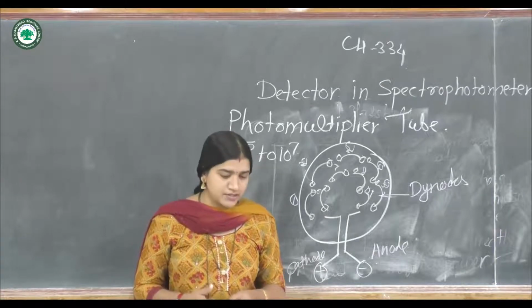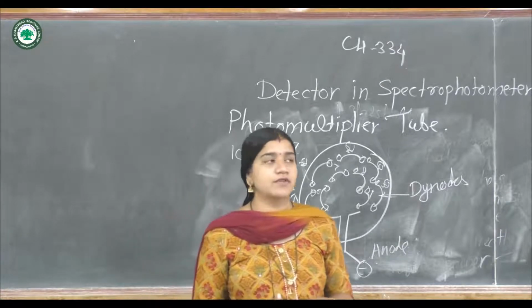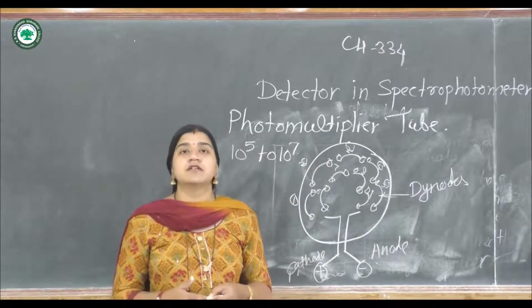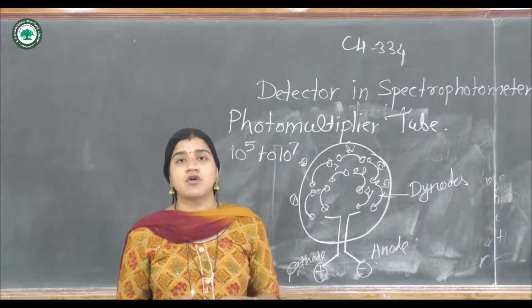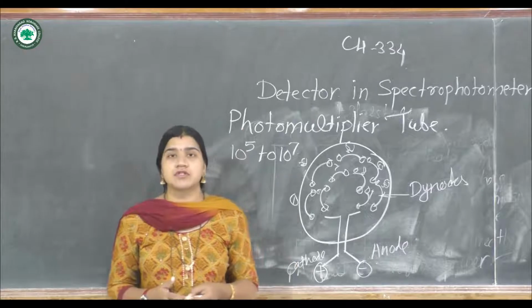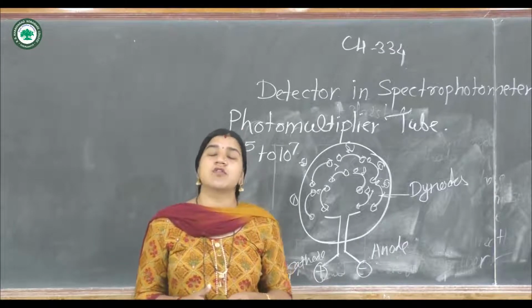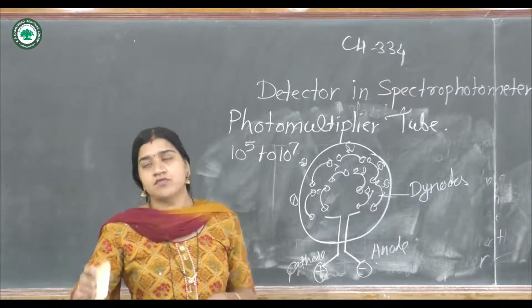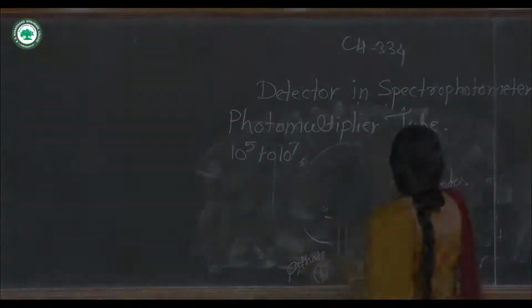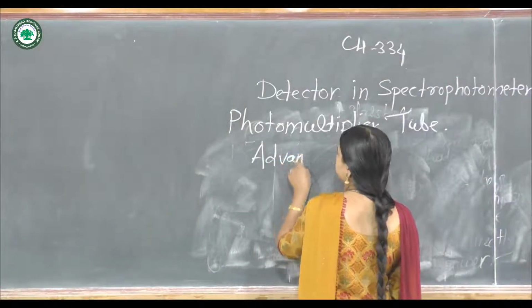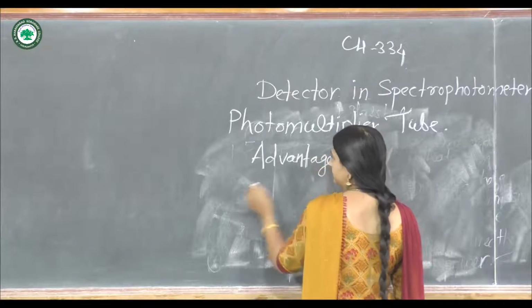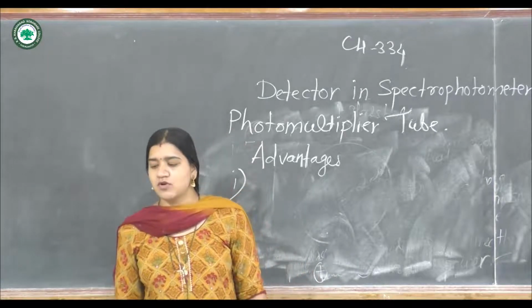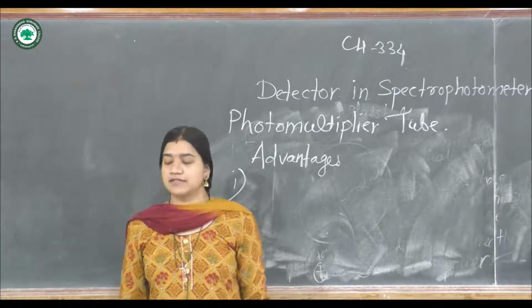Then what are the advantages if you consider all these three types of detectors, that is photovoltaic cells, phototubes and photomultiplier tubes? The photomultiplier tube is most commonly and most widely used detector in the spectrophotometer because it has a number of advantages. So what are the advantages of the photomultiplier tube, that we will see. The first advantage is that the response time of the tube is 10 raised to minus 9 seconds.